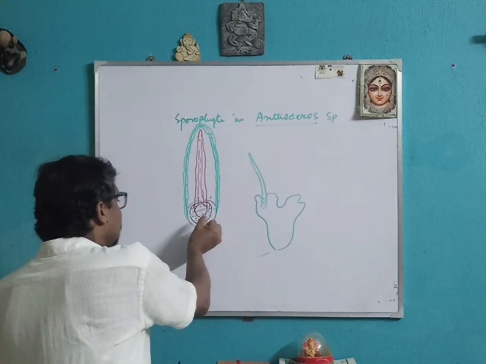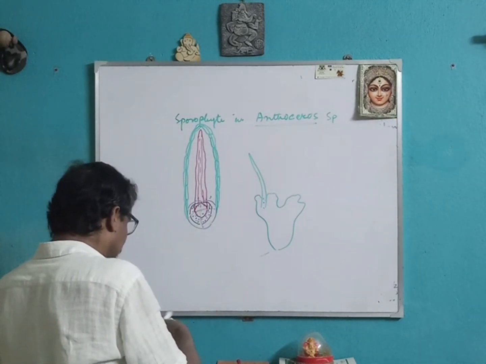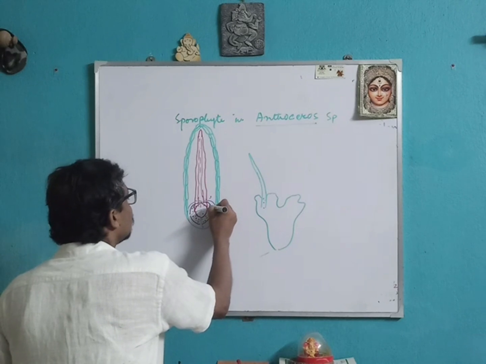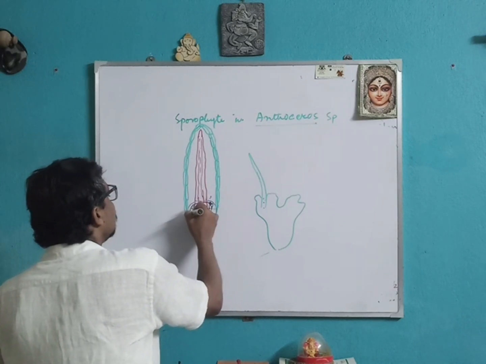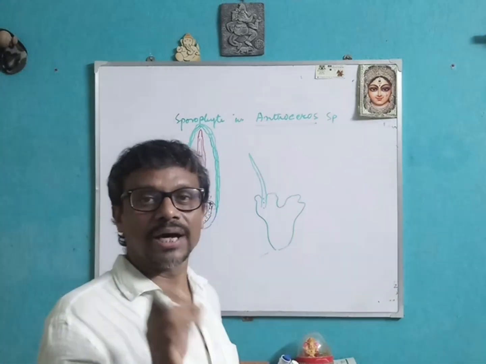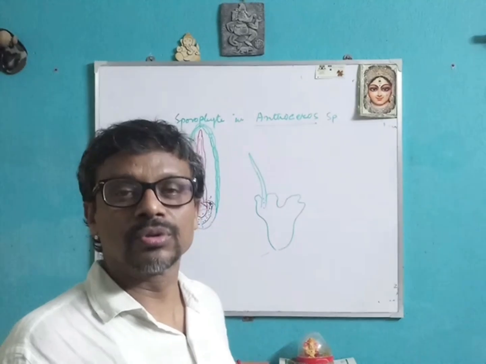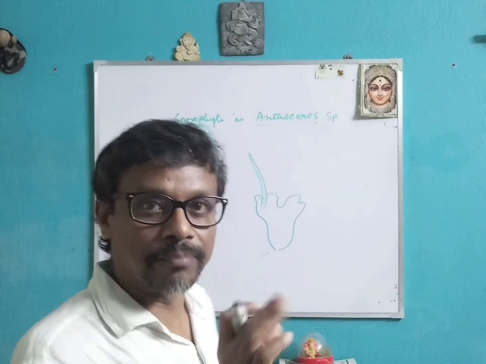So only the inner amphithecium is left. That inner amphithecium ultimately gets modified into the archisporial cells. So the product of the inner amphithecium acts as the archisporium.